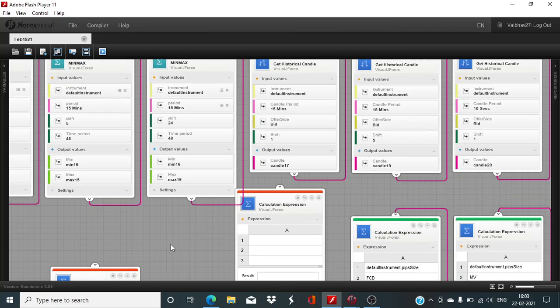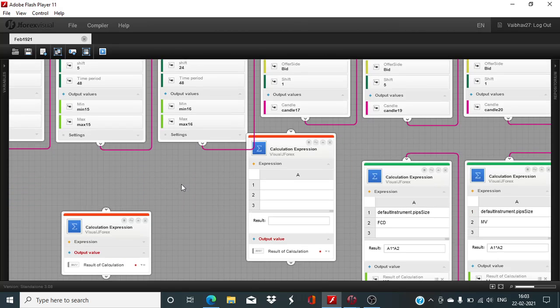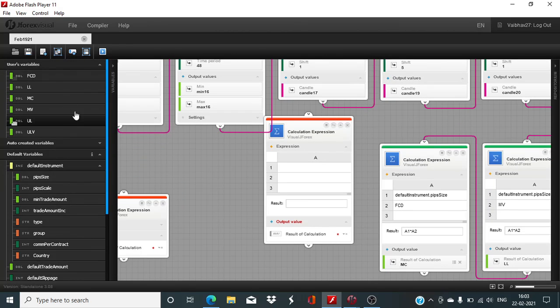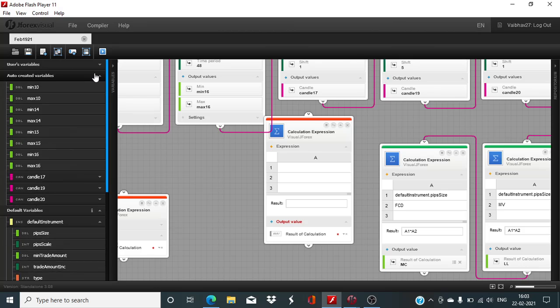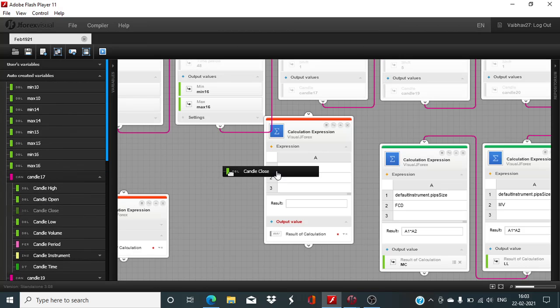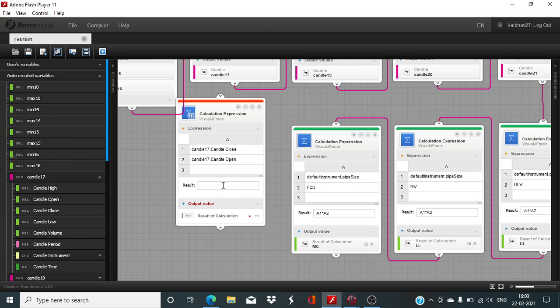So I am going to require the candle 17's closing value, which is there under the auto created variables. This is the candle 17 candle close, and then candle 17 candle open. A1 into A2.